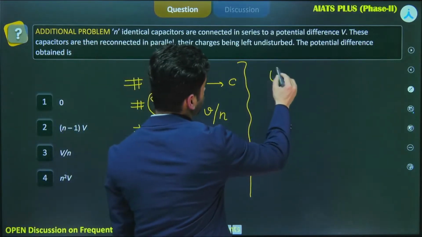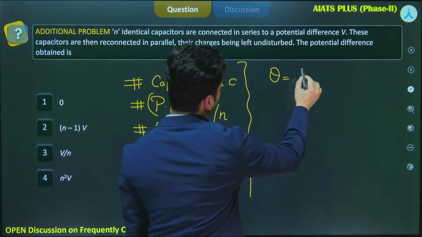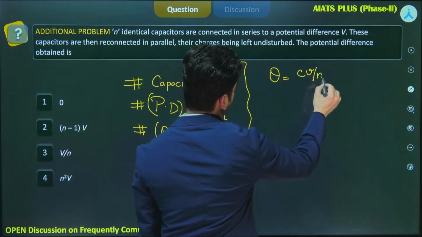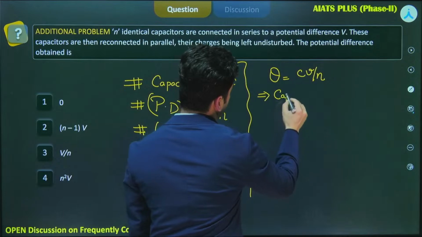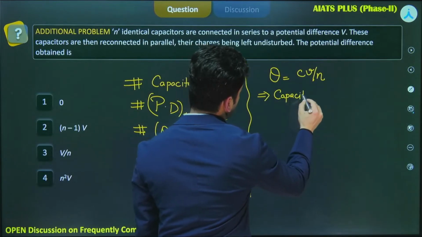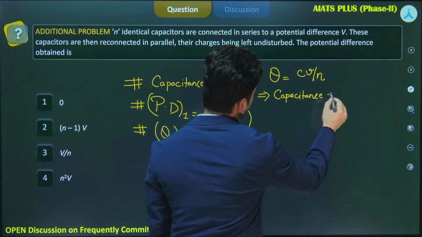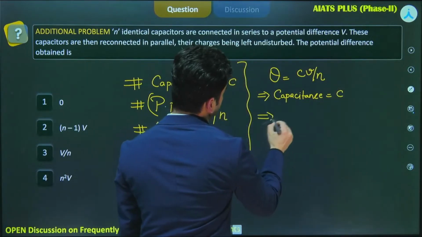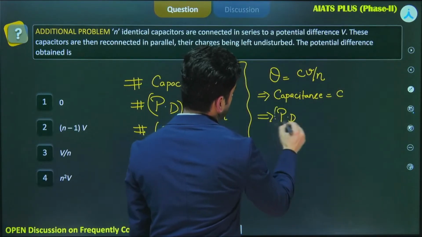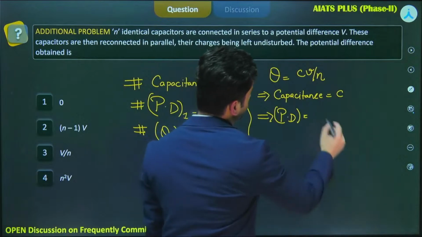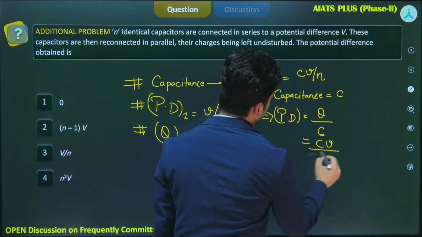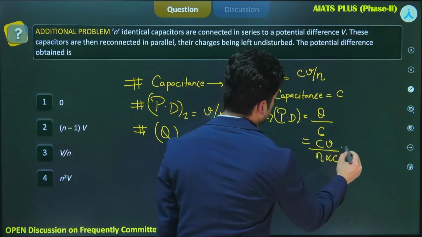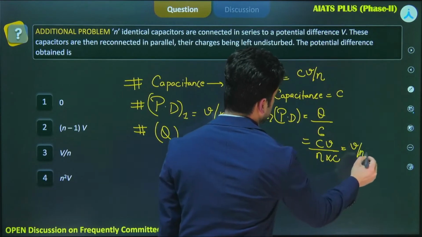So the charge again will be equal to CV by N only, and the capacitance of each is C. So the potential difference will be equal to Q by C, so CV by N upon C, that is equal to V by N.